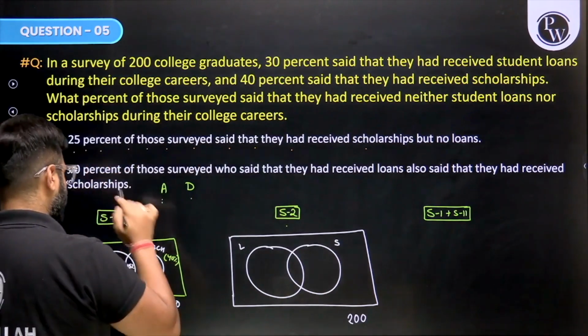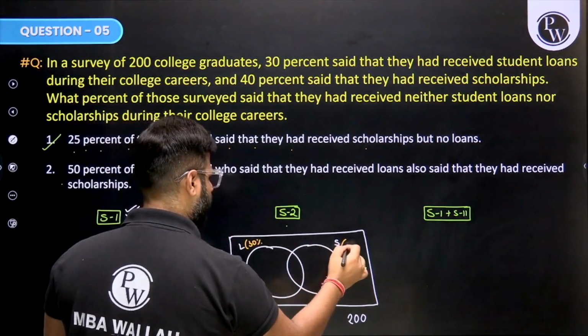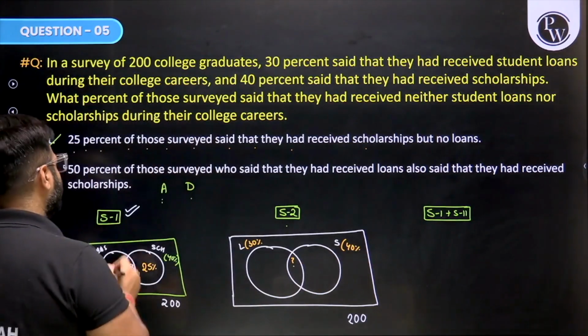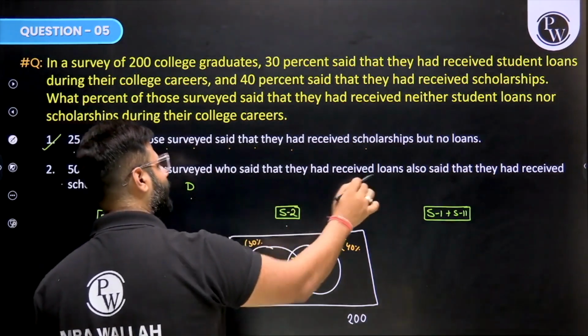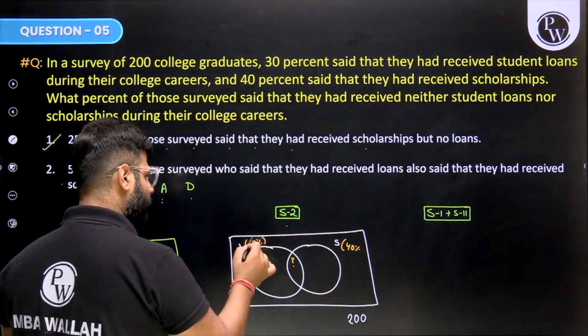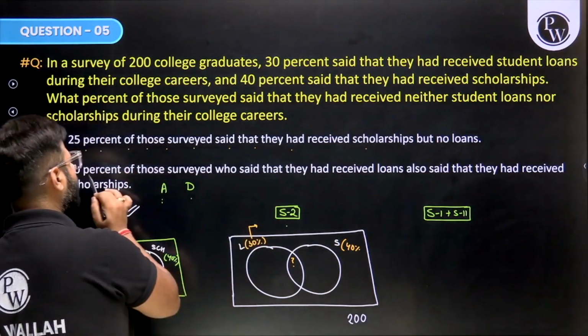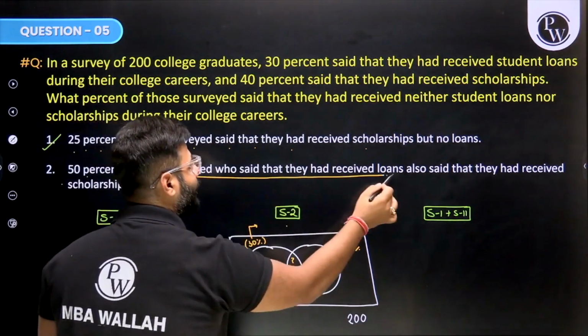What already was given to us was 30% and 40%. We know we are more interested in this. If this comes, everything comes. There are 50% of those surveyed who said that they had received loans. So out of these guys, these 30% people, 50% of not the total, of those surveyed who said they had received loans.